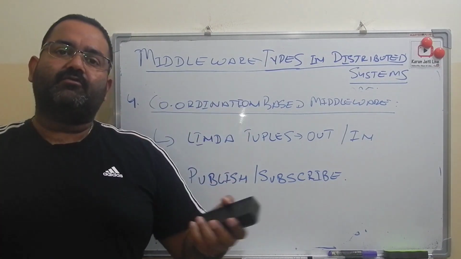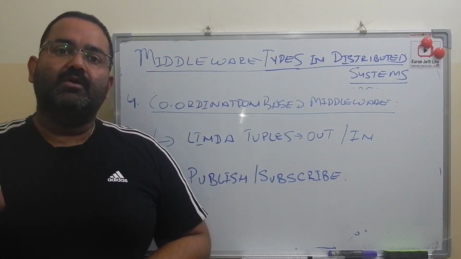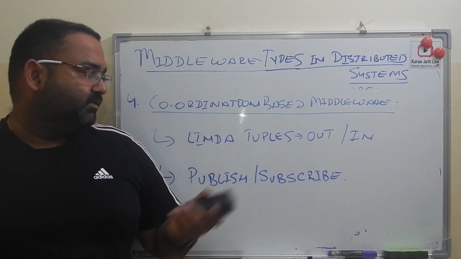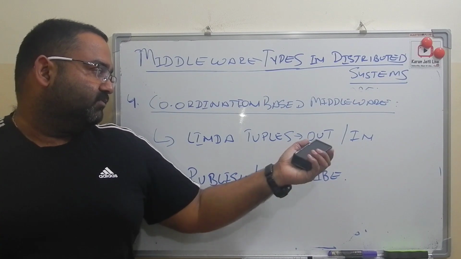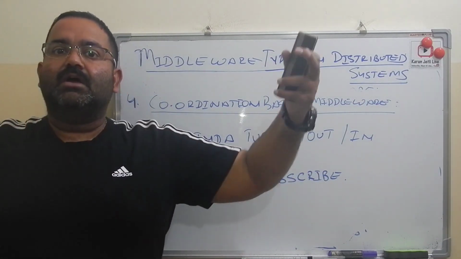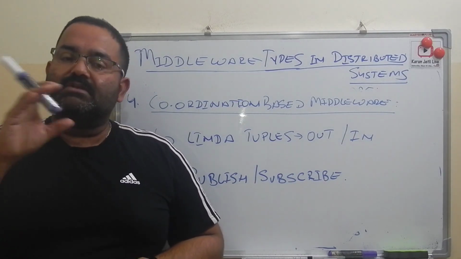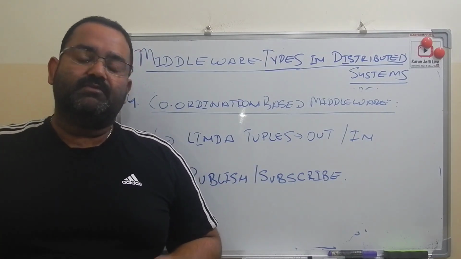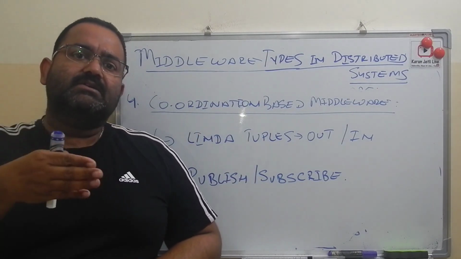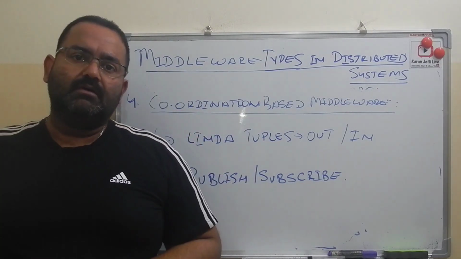It will retrieve that row and send it to me. So this is one example of coordination based middleware, which we call Linda tuples. A tuple is a row, and a tuple space is a collection of rows in which we can insert rows and retrieve rows.